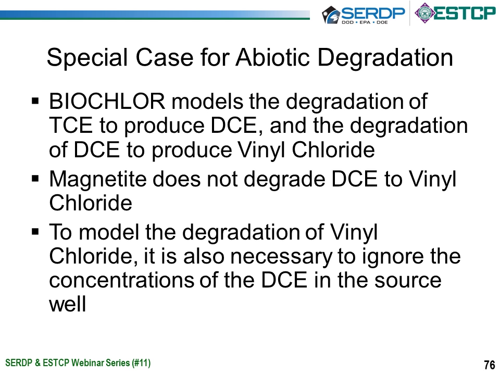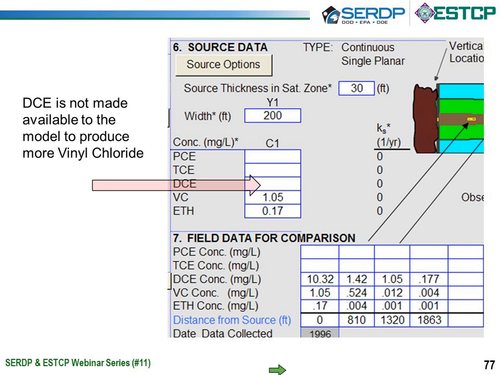So when you model the behavior of vinyl chloride, it's necessary to hide the DCE from the model. In other words, where you have input, you have to run the model twice, a second time for vinyl chloride. When you run it for vinyl chloride, just don't tell the model about the DCE that's at the site.